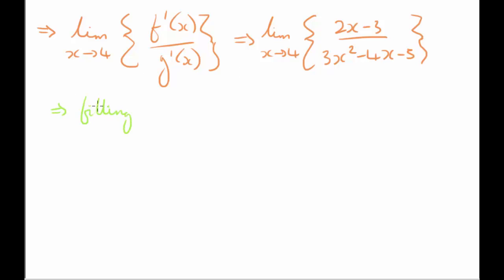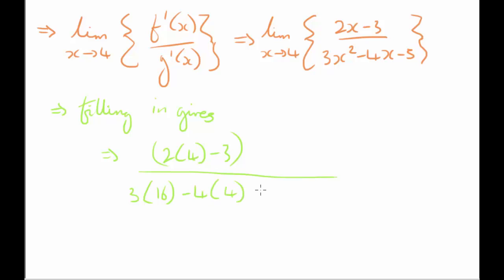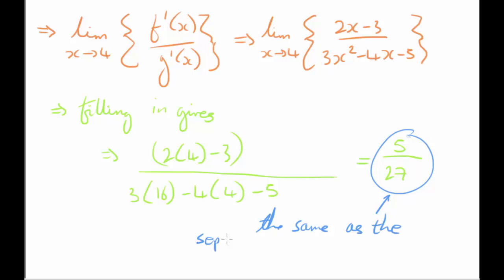Then leaving x equal to 4, we get this, which is equal to 5 over 27. If you check back to the second tutorial, it's the exact same answer, which is great. It saves so much time.